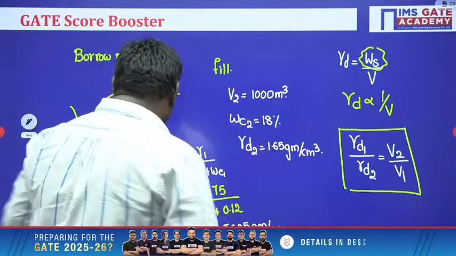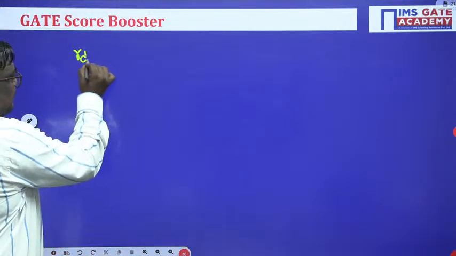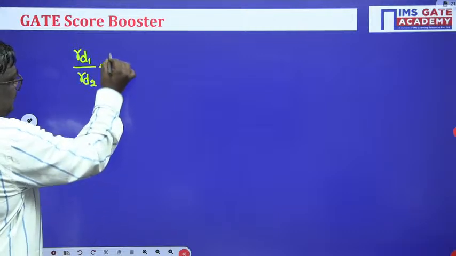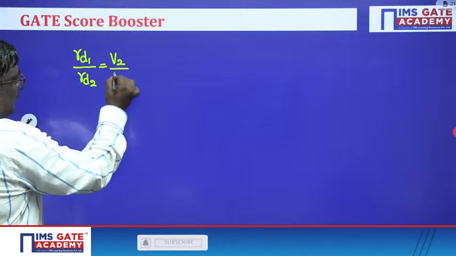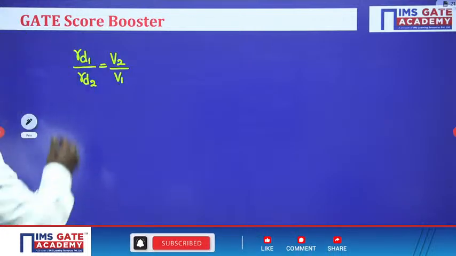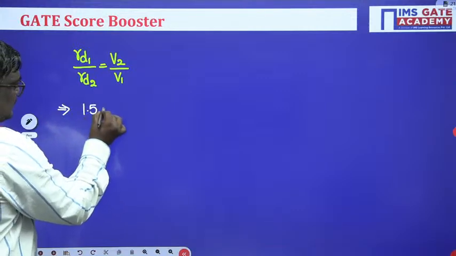So just plug in those values here, my dear students. Gamma D1 by gamma D2 is equal to V2 upon V1. What is gamma D1, my dear students? Gamma D1 is nothing but 1.56.